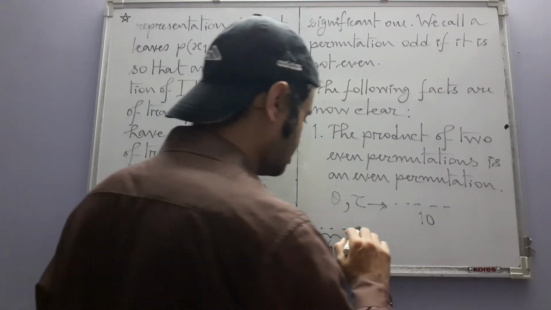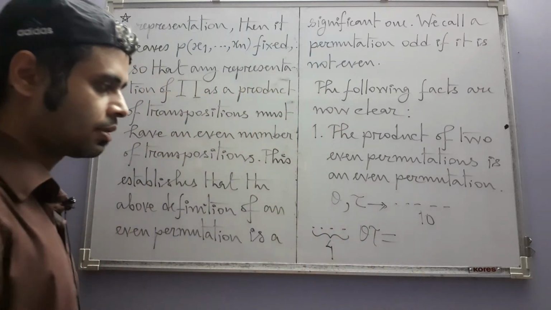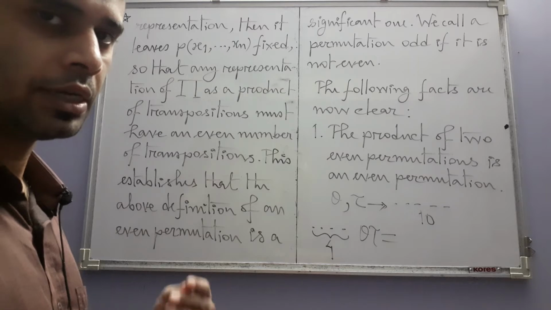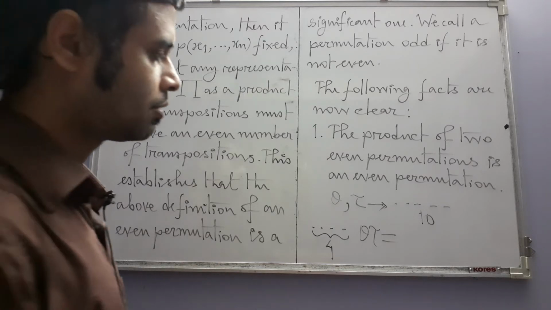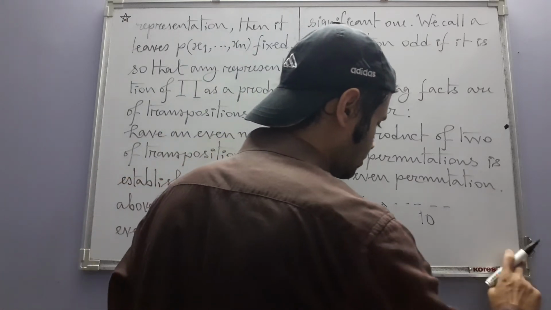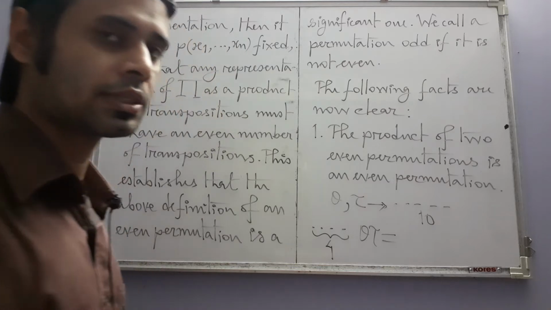Then what is theta tau? You can of course express theta tau in a very straightforward manner as a product of transpositions by just simply writing these two products side by side.